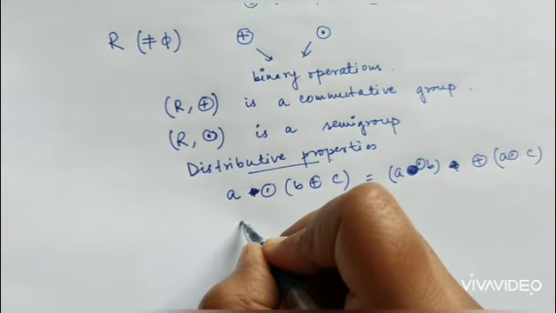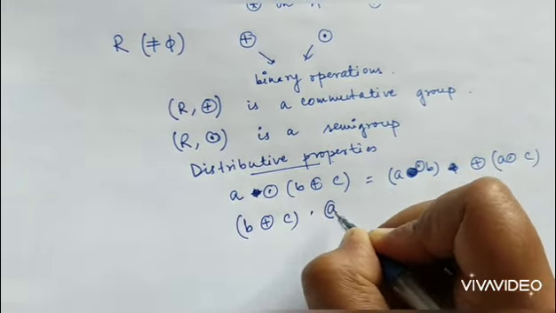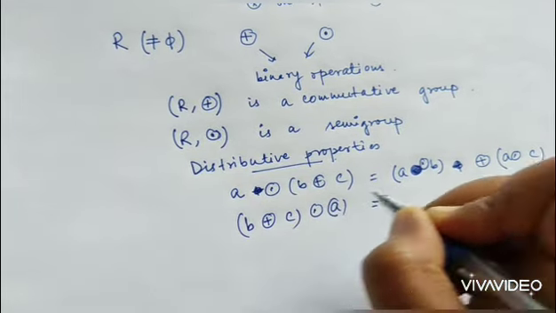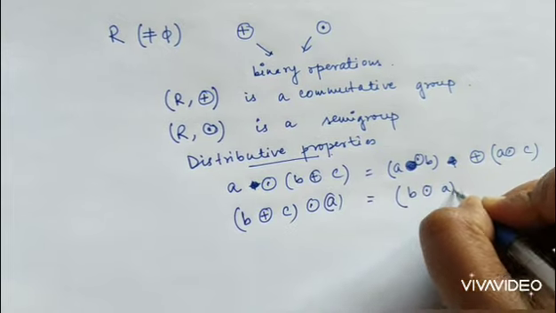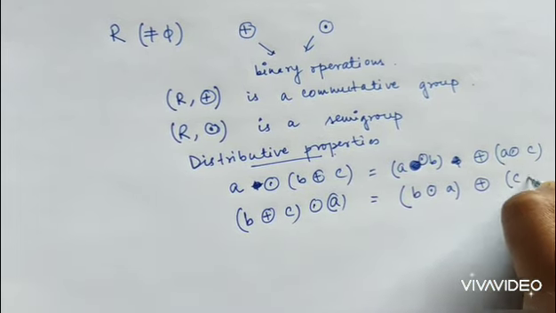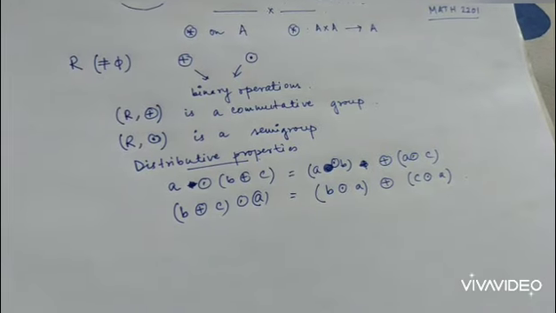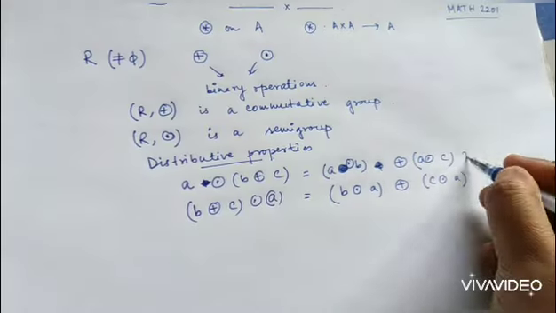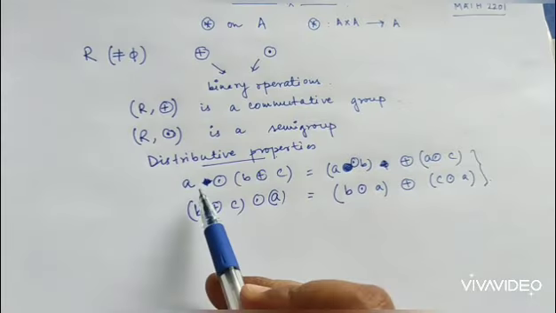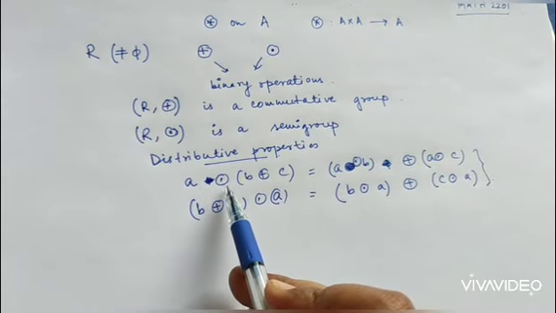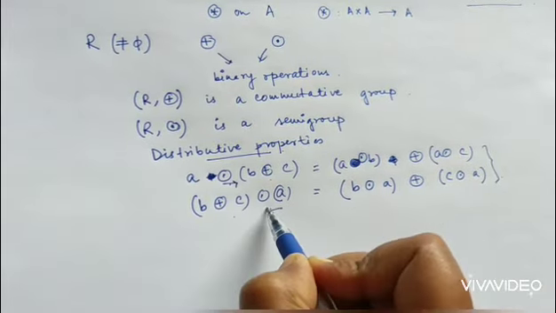Similarly, distributive from the right side. So (B plus C) dot A, we can remove the brackets, is equal to B dot A plus C dot A. So if these two laws hold, then that is distributive property. So basically, dot distributes over plus from left side as well as right side.